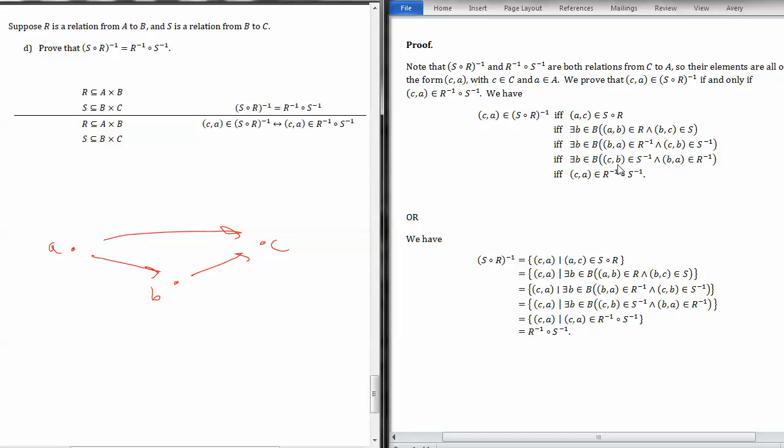And so I get basically the first thing, C, with the last thing, A, is an element of, well, R inverse composed with S inverse. Remember, the first one, which in this case is S inverse, goes on the right, and the second one goes on the left, just like with functions. Okay, so we end up with CA in the right-hand side of our original equation, and we're done.